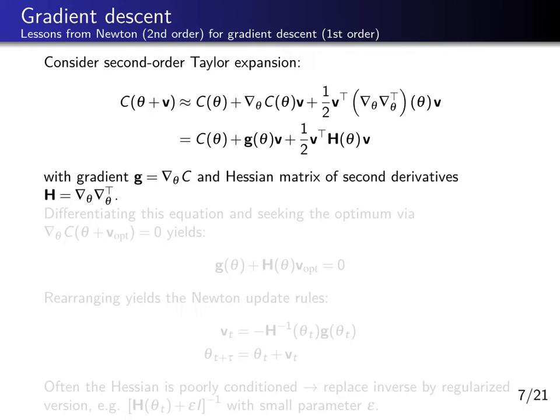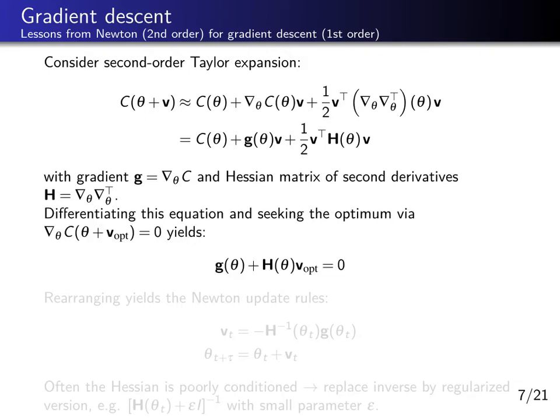We use this model instead of our original function, and we ask the question: what do I need to do to find the local optimum of my model function, my second order Taylor expansion of the original function, if that is really the true function? That can be done by taking the derivative of the Taylor expansion and setting it to 0, and then we'll see what we get.